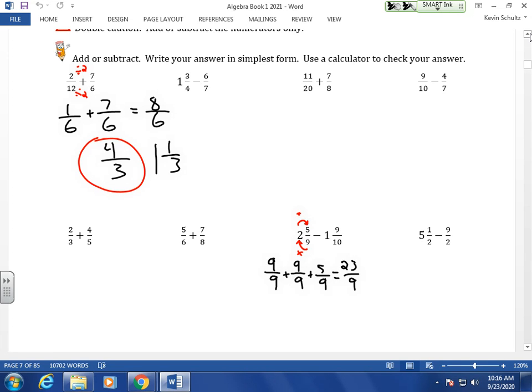So that's mathematically why that shortcut works, because you're multiplying how many ninths you have in 2 wholes rather than just adding them up. So anyway, we got 23 ninths, and then minus 1 and 9 tenths as an improper fraction, that's 19 tenths. And now you can get to work getting your common denominators and doing your subtraction.